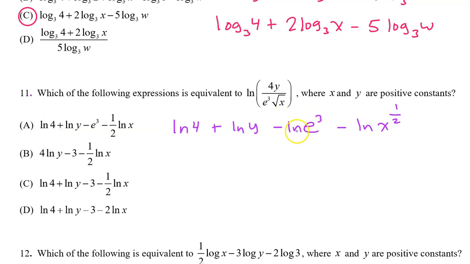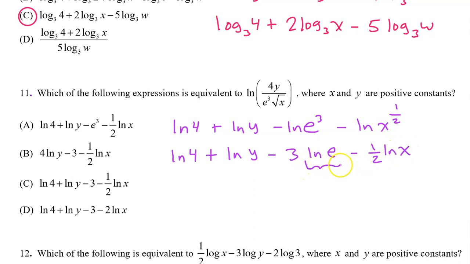Next, we can use the power rule to move exponents to the front of their respective terms. So we have natural log 4 plus natural log y minus 3 natural log e minus 1/2 natural log x.